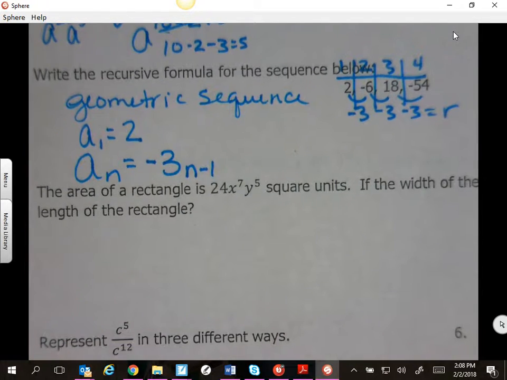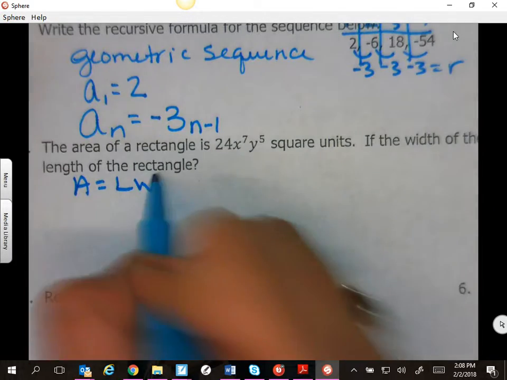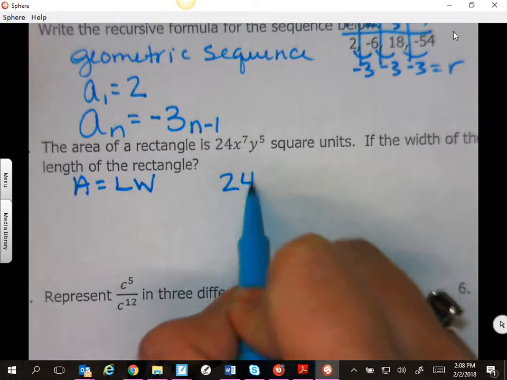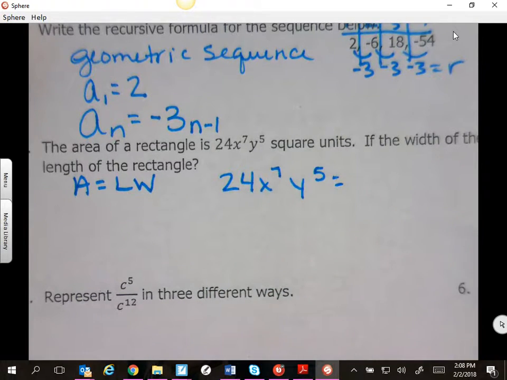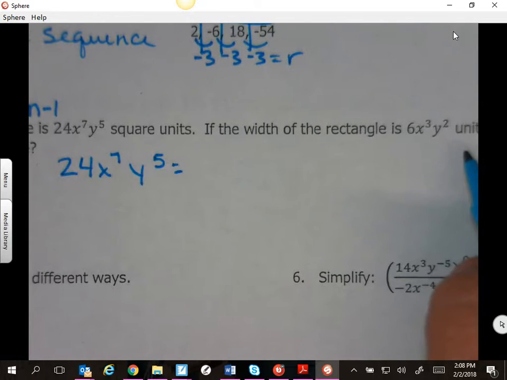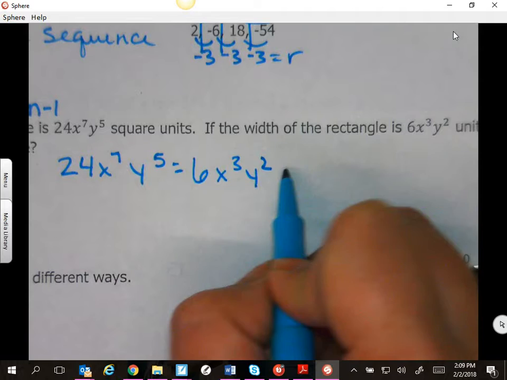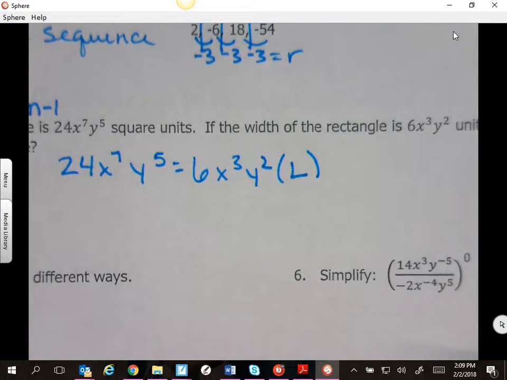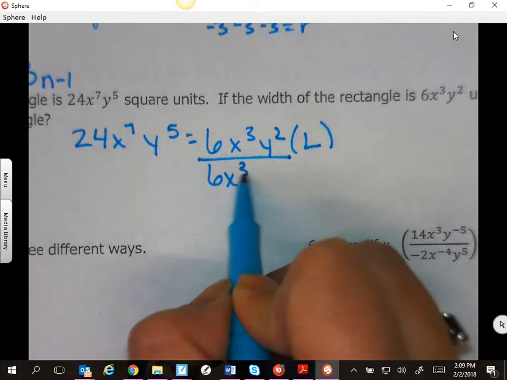Number 4 is talking about area. We know that area of a rectangle is length times width, and they're telling us the area is 24 x to the 7th, y to the 5th. And they're telling us that the width is 6x to the 3rd, y squared, and we need to find the length. Well, we know when we solve an equation, this is multiplying, the inverse is to divide.